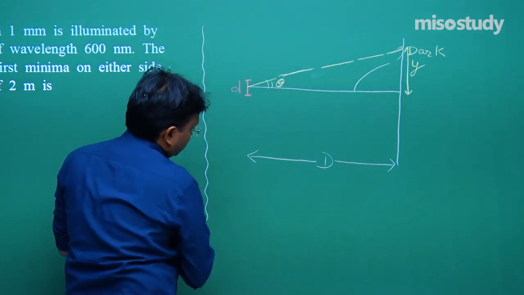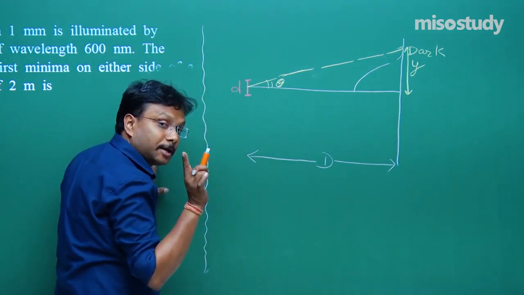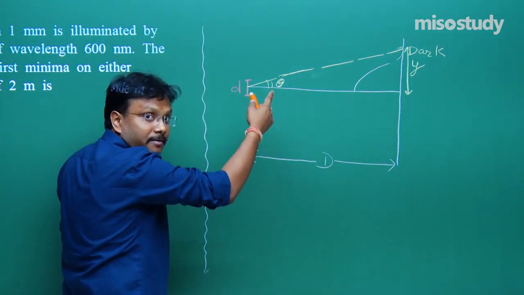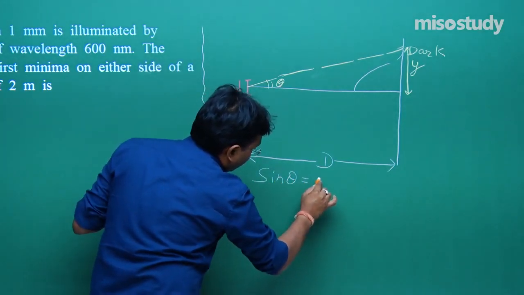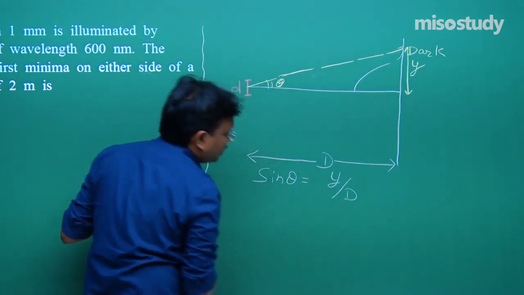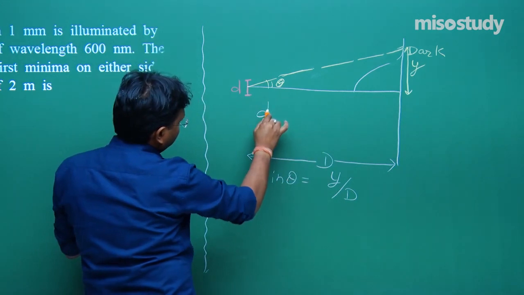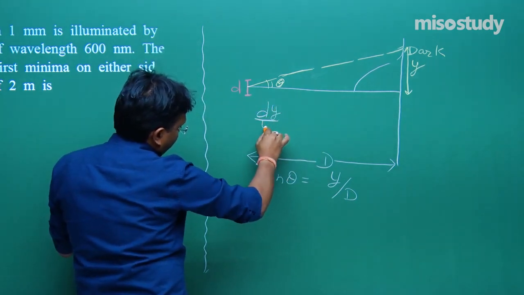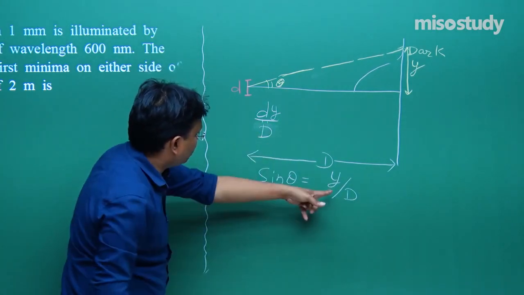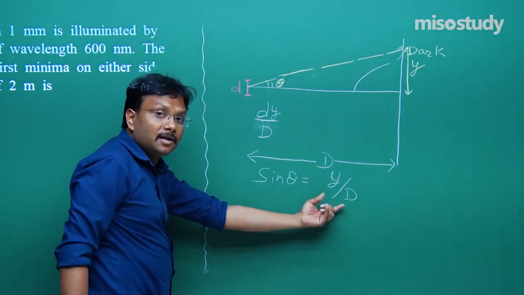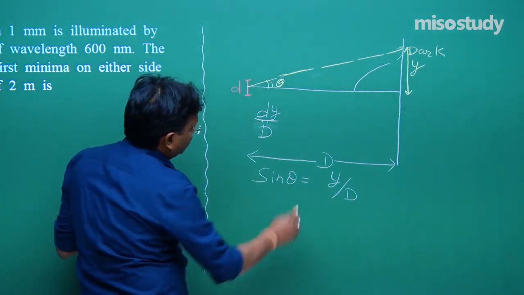This angle is theta. Now, let me allow to write down few steps, just few steps, because all these steps in the previous problem I explained. Sin theta is equal to y by d. I hope you all are comfortable with this. So, d sin theta from this relation, minute change, because capital D is going to remain fixed, it is constant. So, d y by D is equal to lambda.